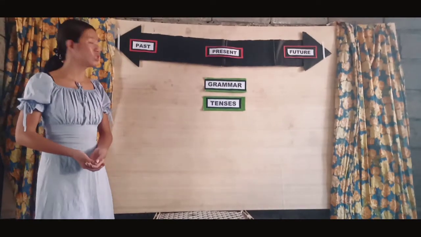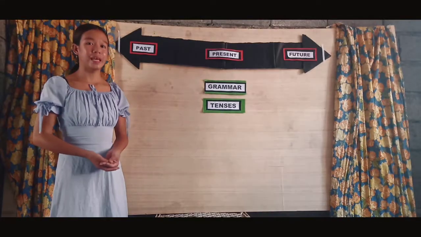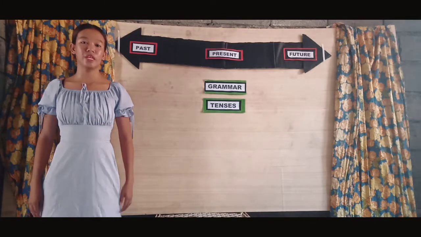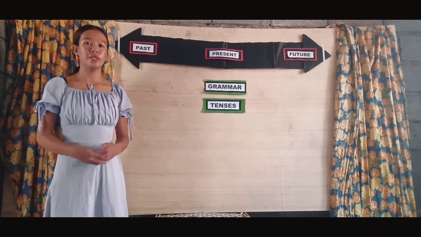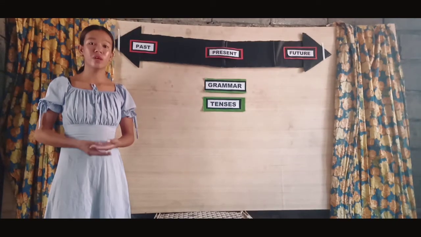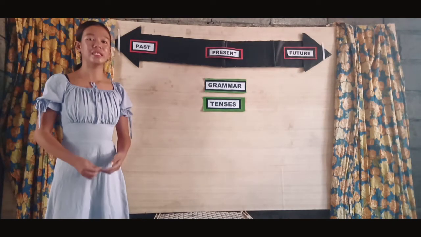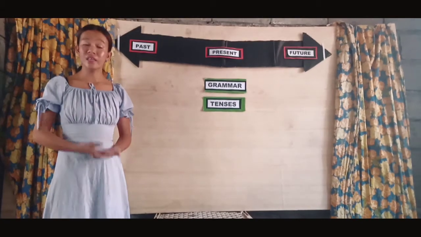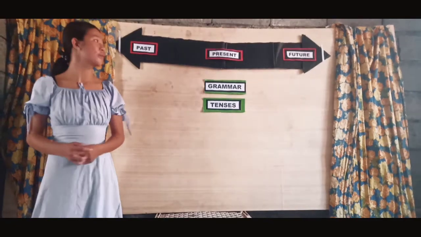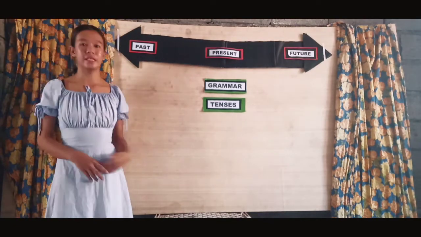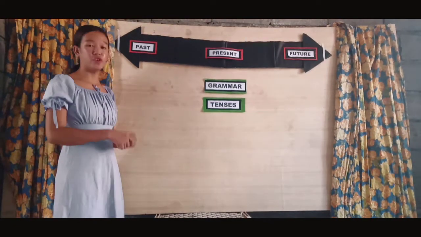So, let's proceed to the present tense. The present tense can be defined as an expression of an activity that is currently in action or its habitual performance, used for a state that generally exists or is currently ongoing. Later on, I will be showing you the four subdivided types of present tense. So let's proceed to the future tense.